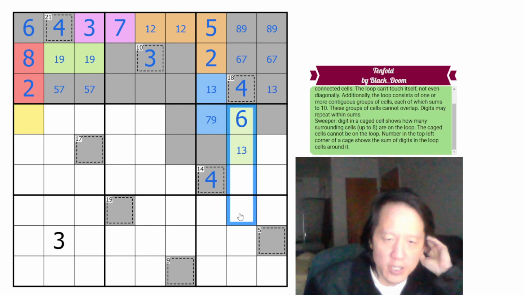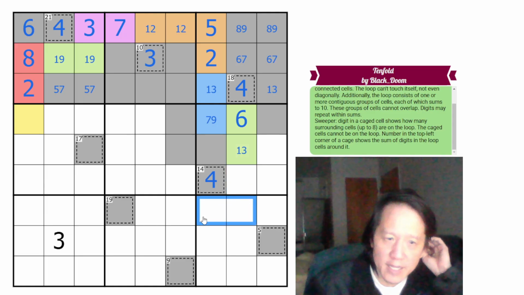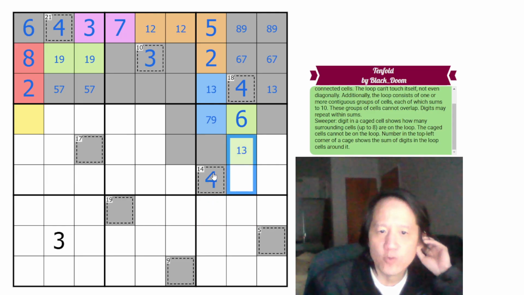It could go here, in which case this is 1, 3. And this would have to be 5. But these two would add up to 4, and this would add up to 10. Right? Because these two add up to 4, we have 4 digits adding up to 14.